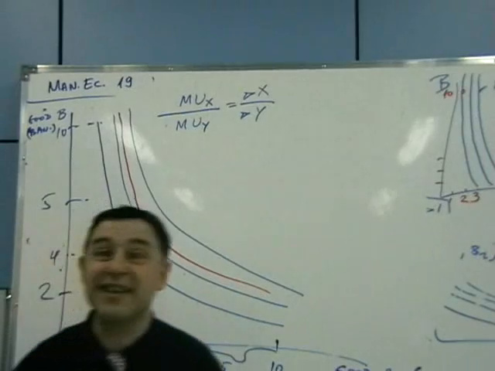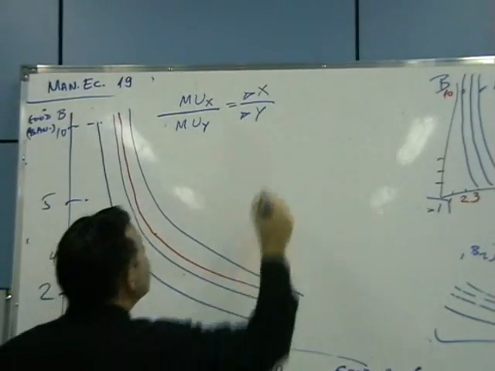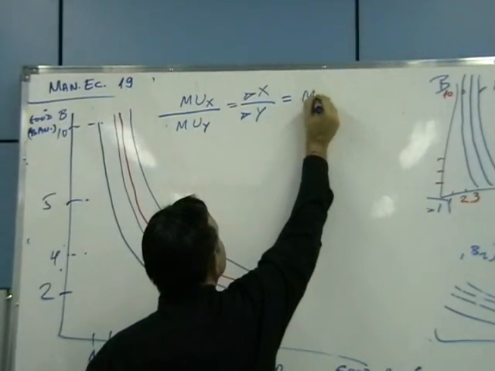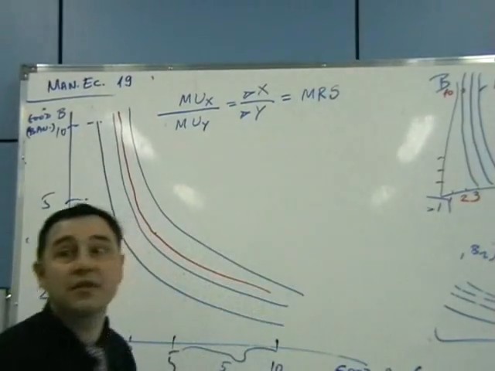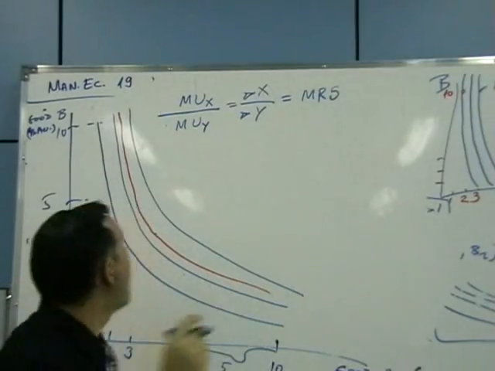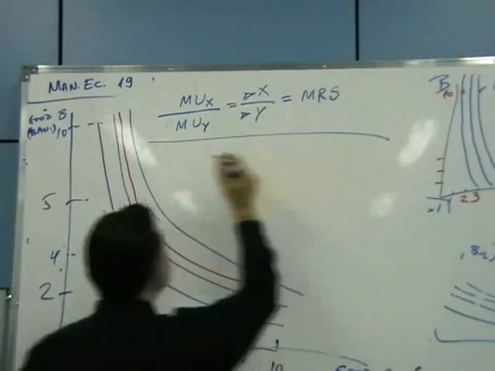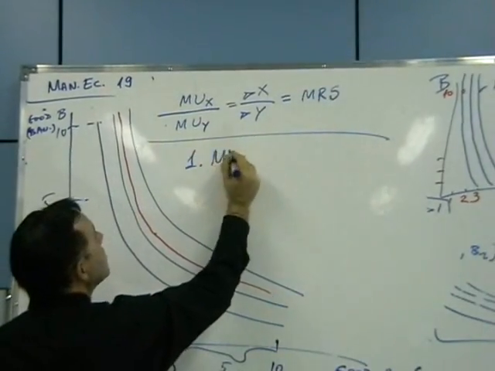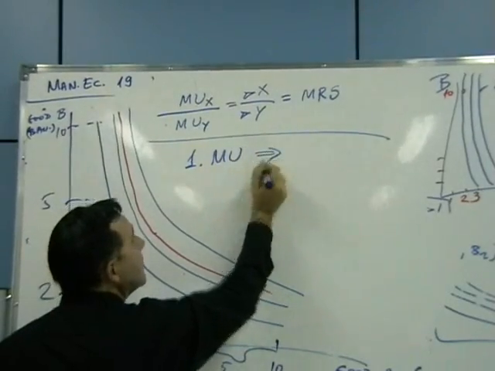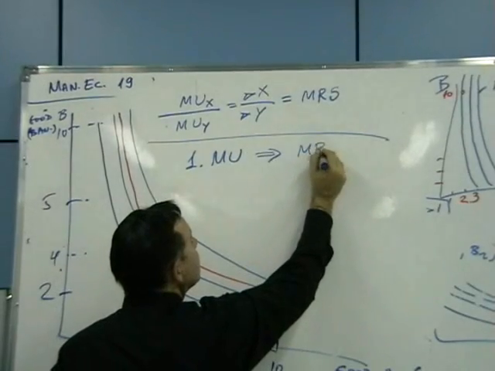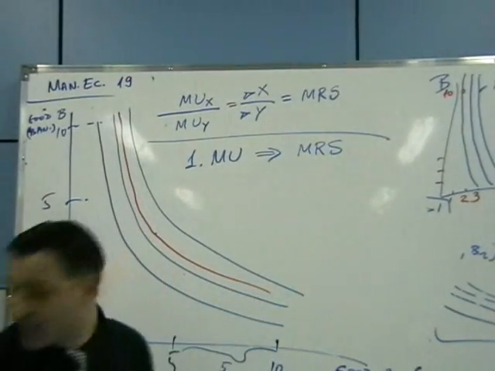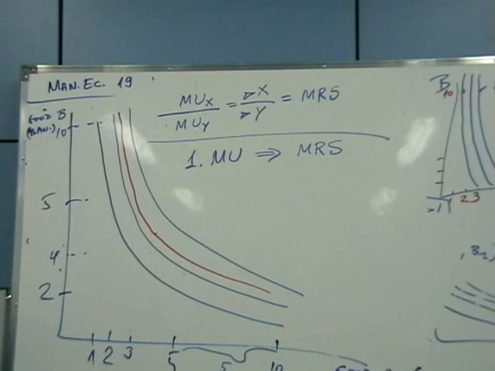It's a little tricky. They use derivatives. It is the marginal rate of substitution. So what they are basically saying is that the ratio of marginal utilities is also represented by the marginal rate of substitution.